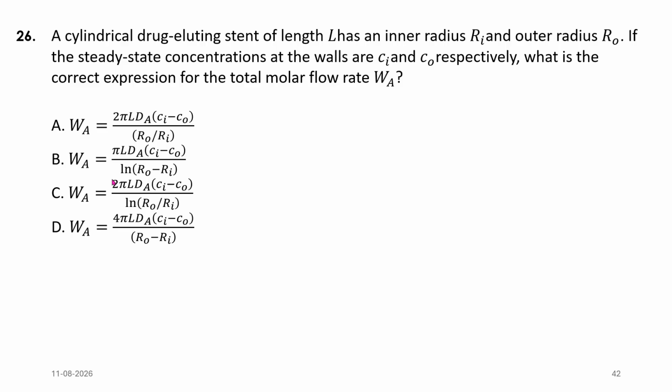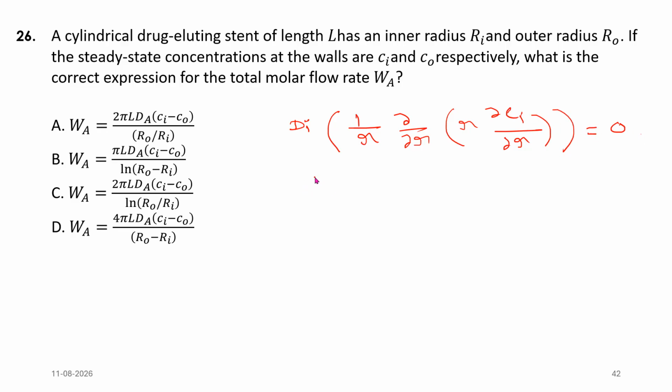If I have to do it, it will be simply the cylindrical coordinate. From the cylindrical coordinate, the term will be 1 by r del del r of r del C del r equals 0, right?